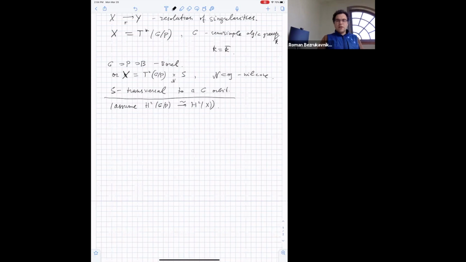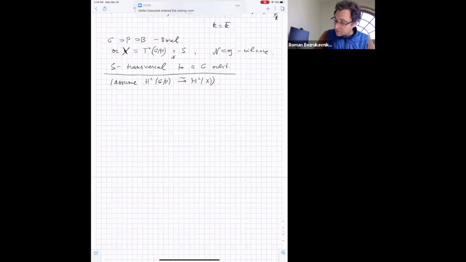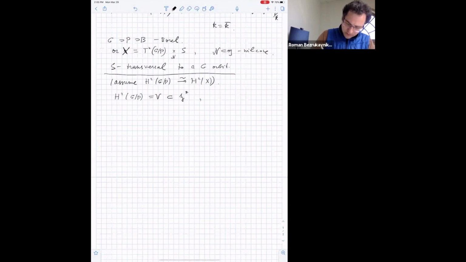It holds in most cases. Then we'll have this H2 of G mod P, which I will call V. It sits inside the dual Cartan, so h is the Cartan.